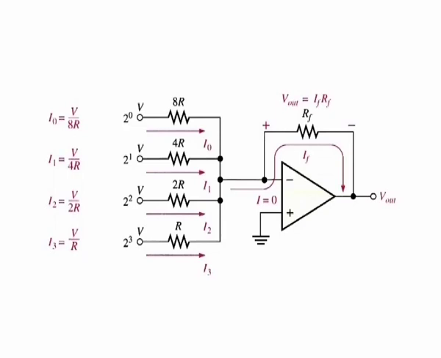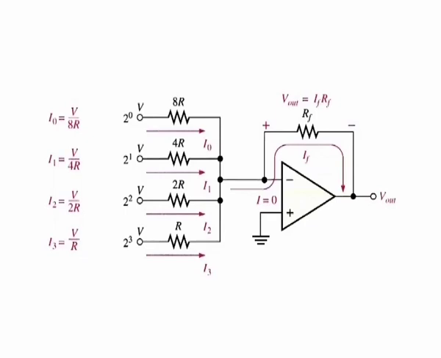The other resistors are multiples of R, that is 2R, 4R and 8R, and correspond to the binary weights 2 to the power 2, 2 to the power 1 and 2 to the power 0 respectively. The input currents are also proportional to the binary weights. Thus, the output voltage is proportional to the sum of the binary weights because the sum of the input currents is through RF.